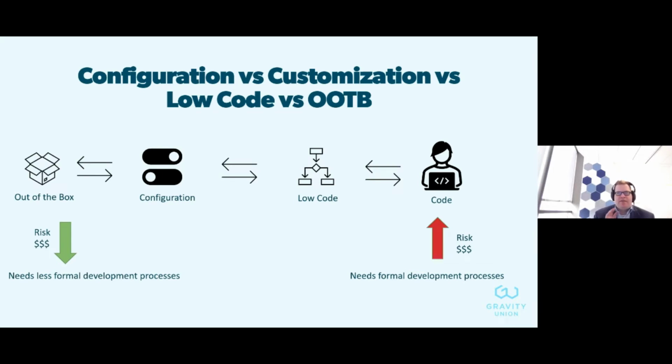So we sort of have this spectrum now of the platform, especially with Microsoft 365. We have some stuff that's completely out of the box. There's nothing that we have to do. It's just there, we get to use it. So things like the weather web part, the search, some stuff that we get out of the box with very little effort. Then there's the notion of configuration. That's where we take things like document libraries and make the experience richer.